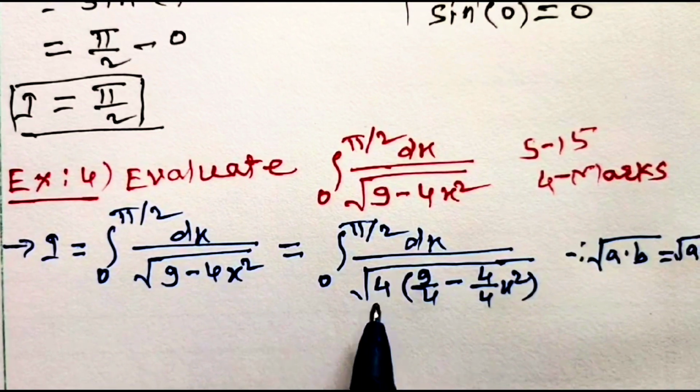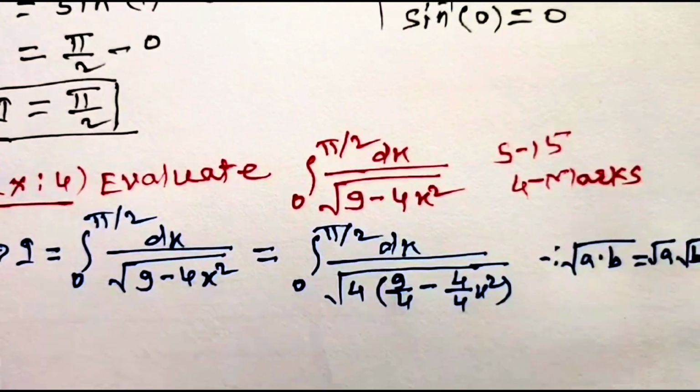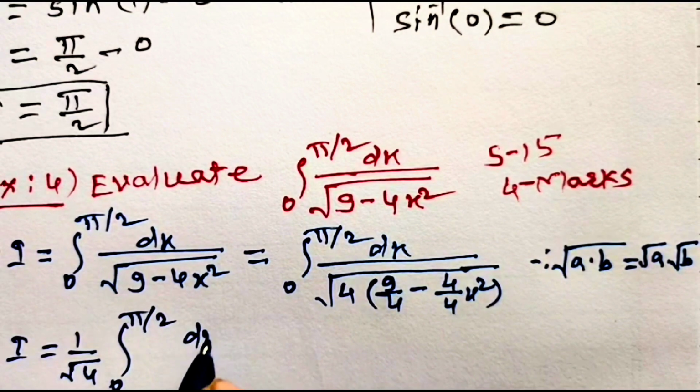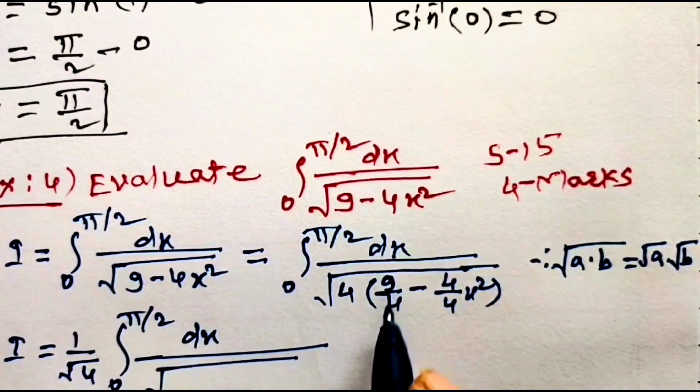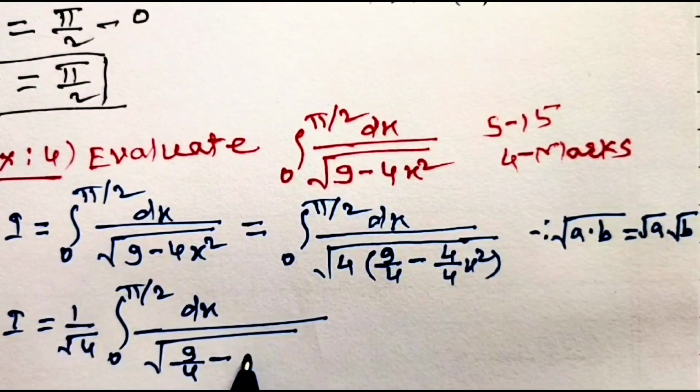So you can separate this, and you know square root of 4 is equal to 2. Hence I is equal to 1 upon square root of 4, integral from 0 to pi by 2 dx divided by square root of 9 upon 4 minus 4 upon 4, which is 1, x square.